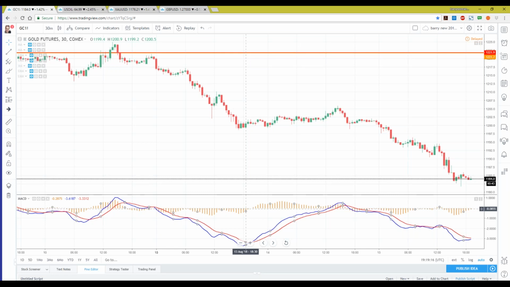The MACD histogram is simply the difference between the MACD line and the MACD trigger line. Because when the MACD line and the MACD trigger line cross each other, what is their value? 0. When the MACD line is bigger than the MACD trigger line, it's a positive value.